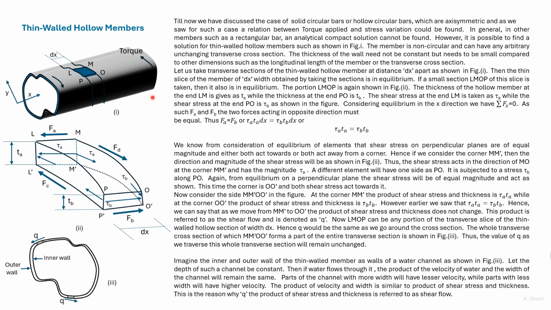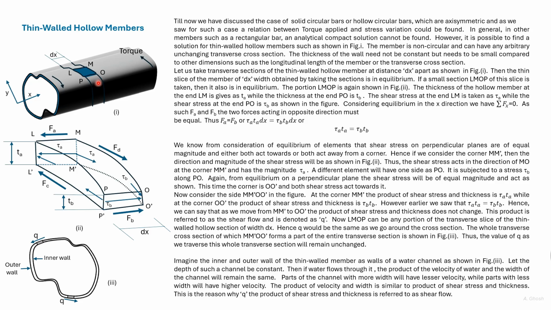Let us consider two perpendicular cross-sections, that is perpendicular to the axis, at infinitesimal distance apart, as shown here. We will consider the portion LMOP, whole bar being in equilibrium.